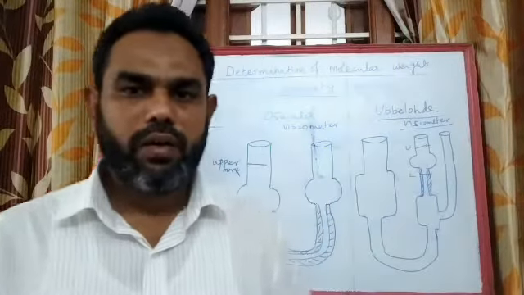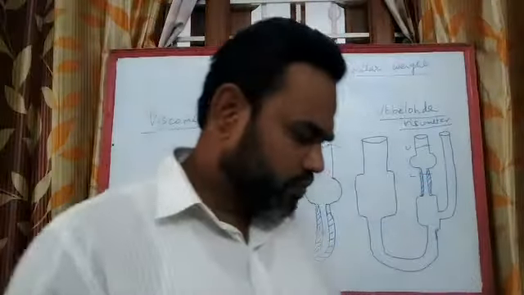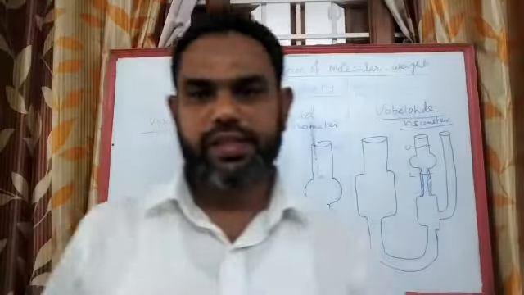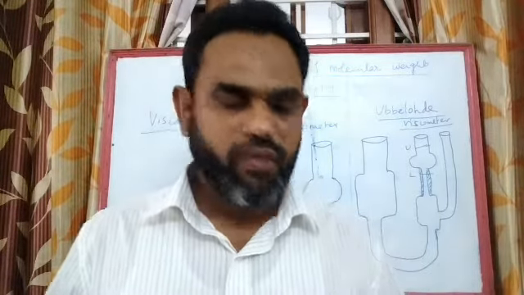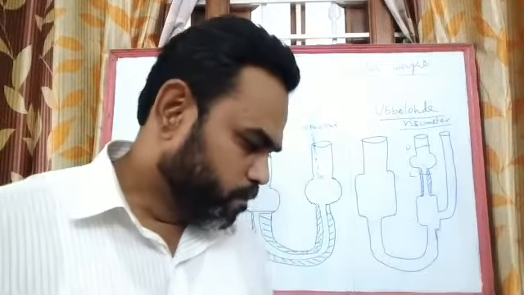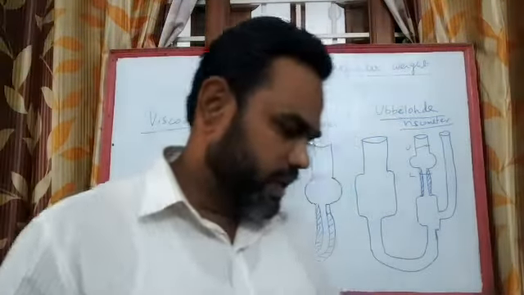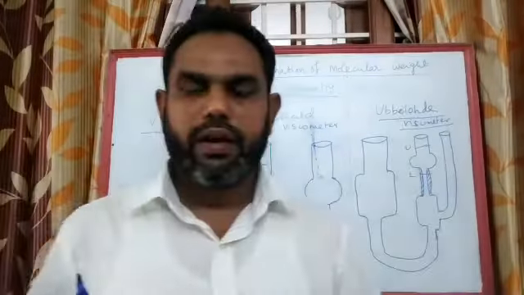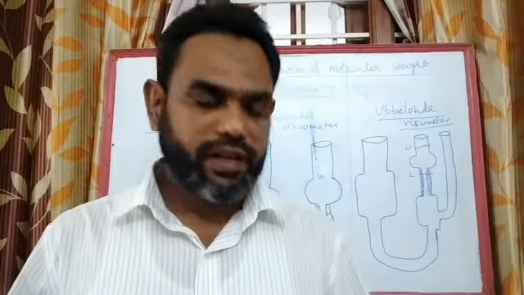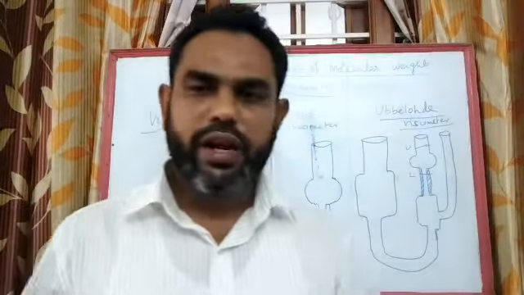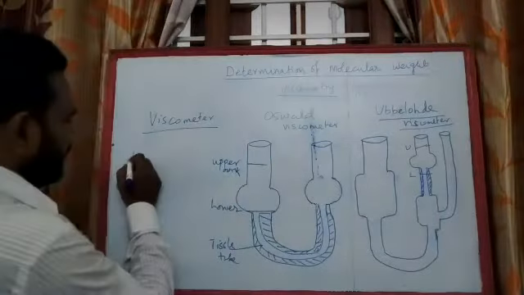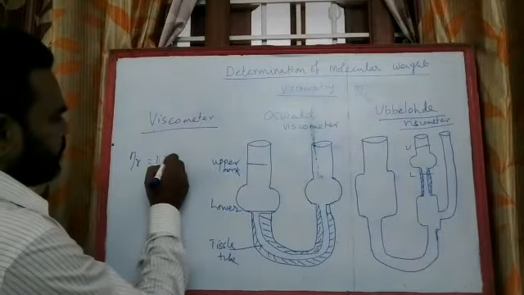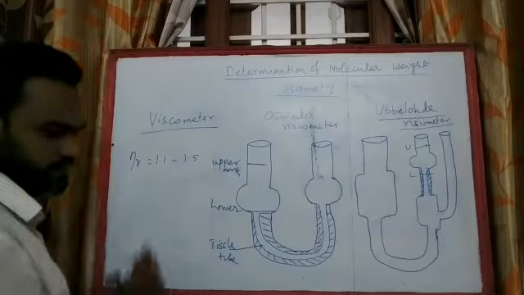Okay, but what are the necessary points or precautions you need to observe before viscometric measurements? One is you need to take sufficient concentration that will give you the reduced viscosity between 1.1 to 1.5.